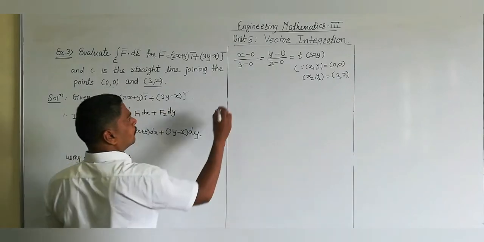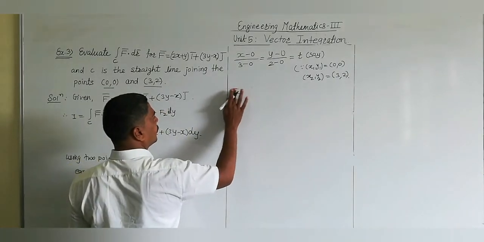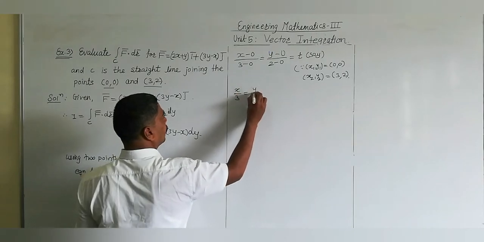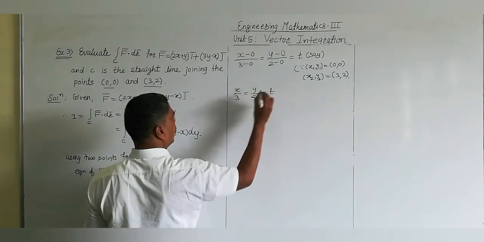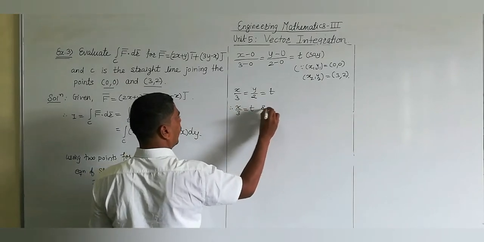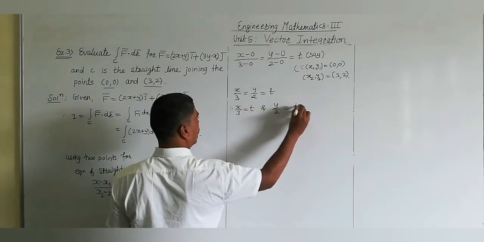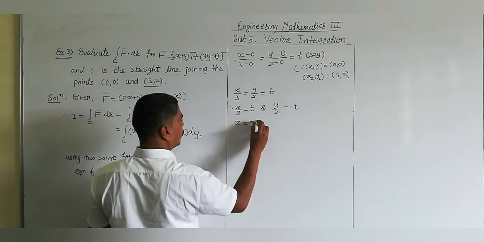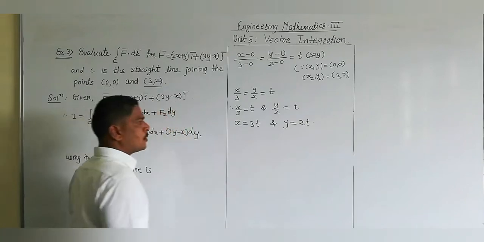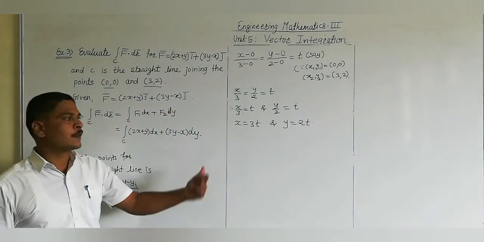And now this becomes x divided by 3 is equal to y divided by 2 is equal to t. And therefore, x divided by 3 is equal to t and y divided by 2 is equal to t. So x is equal to 3t and y is equal to 2t. So this is the parametric equation of our straight line.